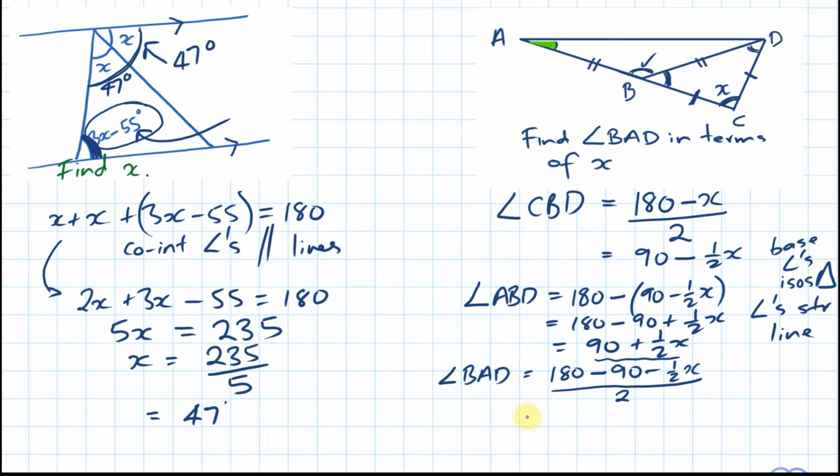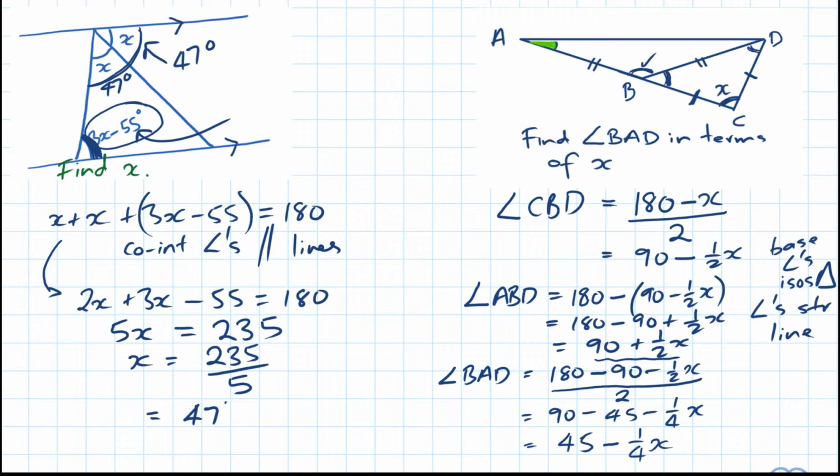So let's go through now and just divide everything through by 2. We have 180 divided by 2, minus 90 divided by 2, and half of x divided by 2 is a quarter of x. So then we end up with 90 minus 45, which is 45, minus a quarter x.